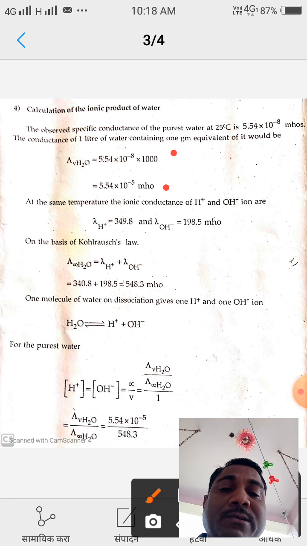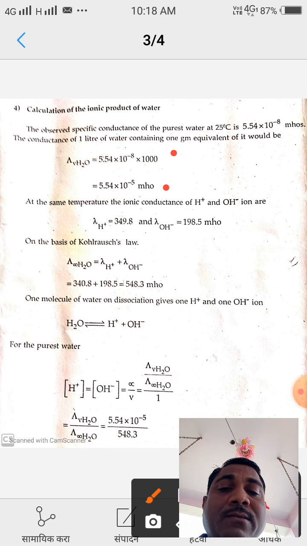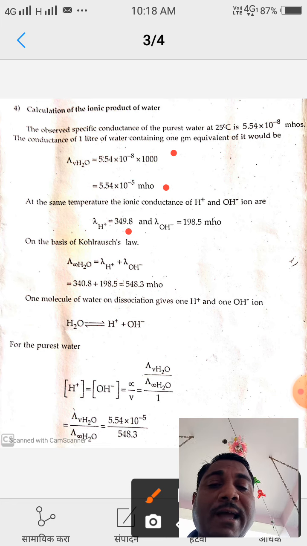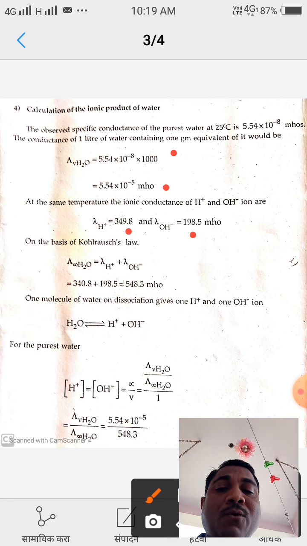At the same temperature, the ionic conductances of H positive and OH negative ions are given here. The ionic conductance of the H positive ion is 349.8 and that of the OH negative ion is 198.5 mho.